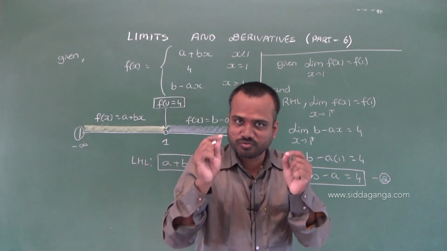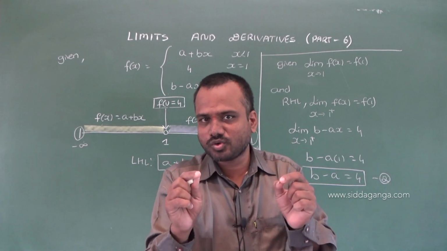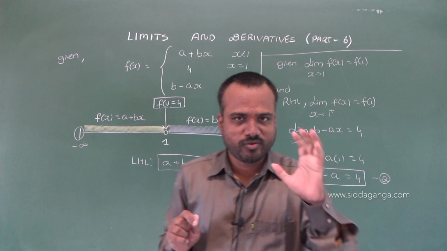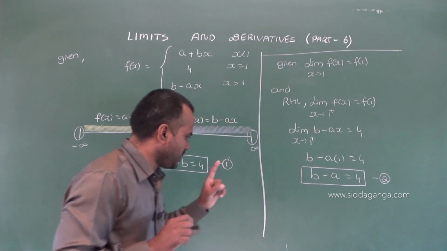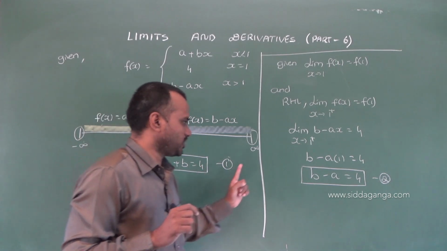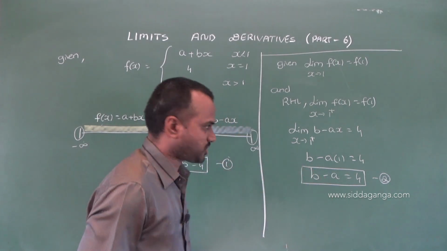Our aim is to find out the values of a and b. What do we do? We want the values of a and b. To find the values of a and b, we solve equations 1 and 2. Correct?